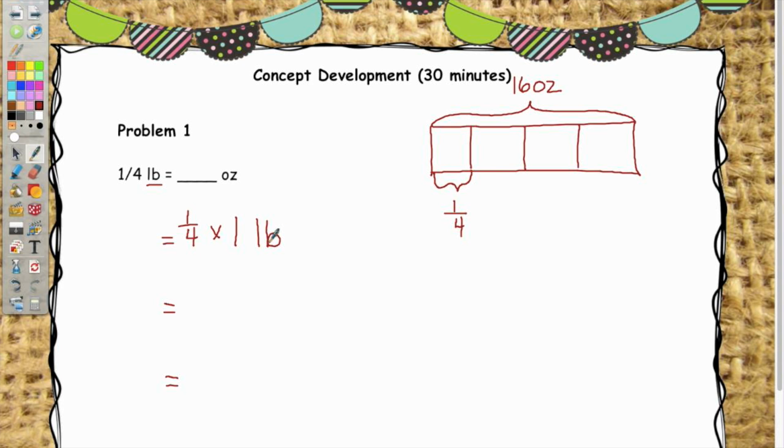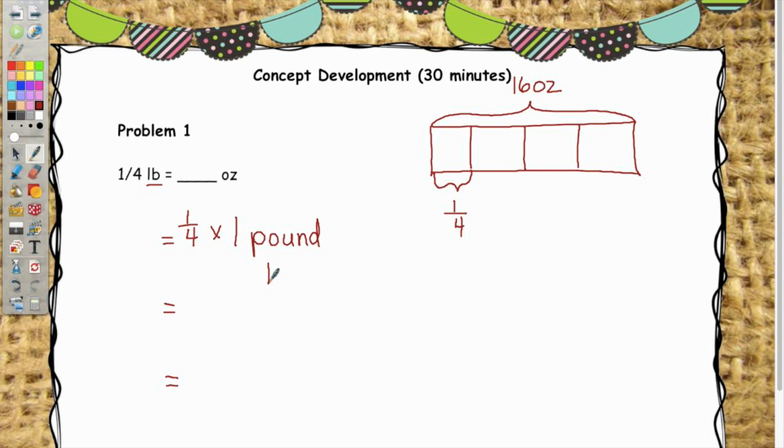So 1/4 of 1 pound is what I'm trying to figure out. Write it down. Sometimes I really like to write pound out so I don't get ones and the label confused, okay? That's why. So 1/4 of 1 pound.